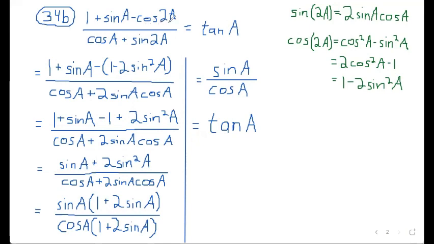Now, another thing to note is that we have double angles in this particular expression and only a single angle in the expression that we're trying to convert to. This is a sign that we have to use the double angle formula.